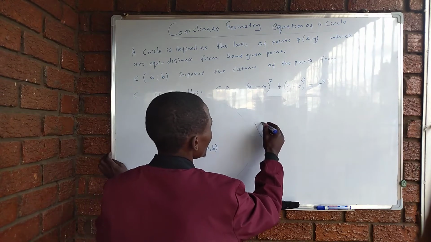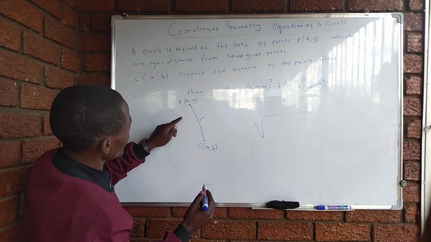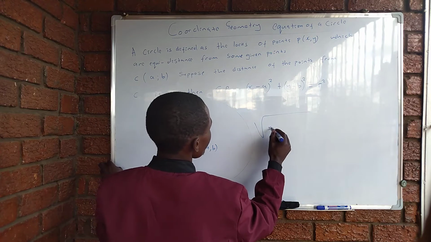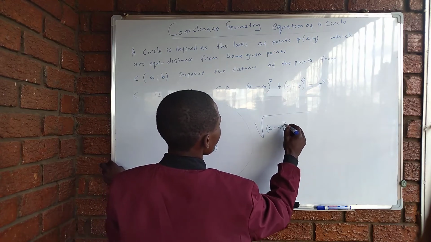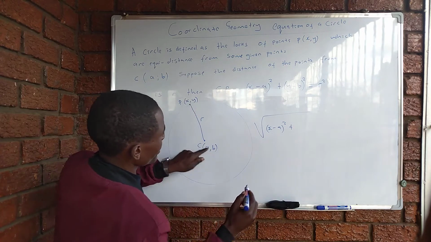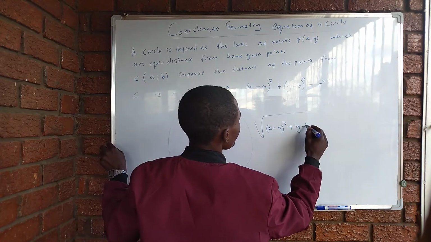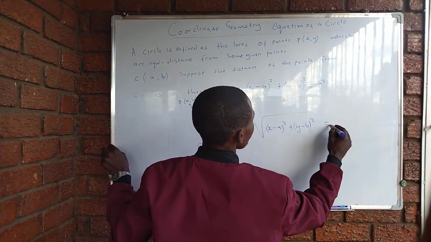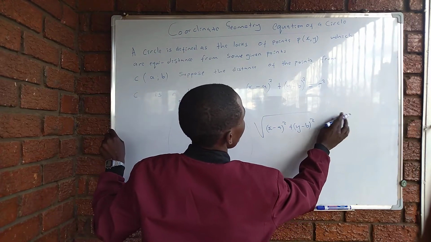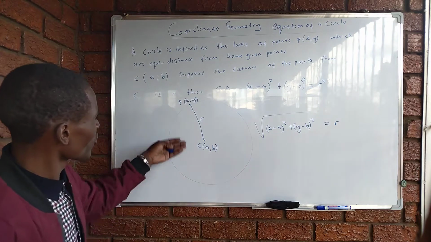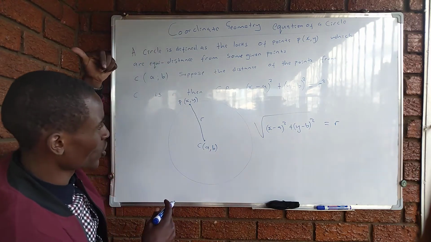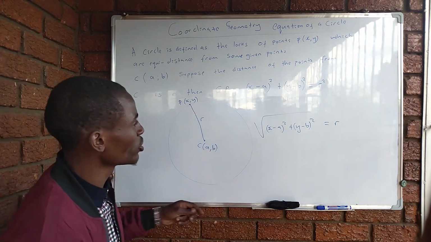We get the square root of (x minus a) squared plus (y minus b) squared, which is equal to the distance, which is r, right? This is the distance between 2 points.